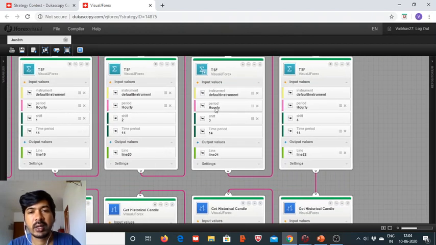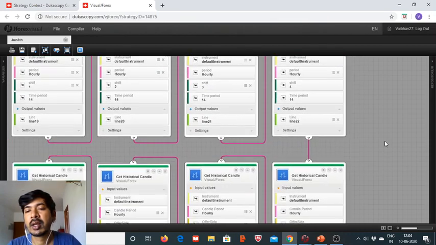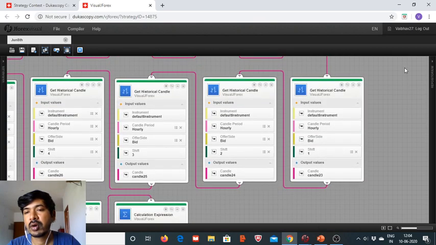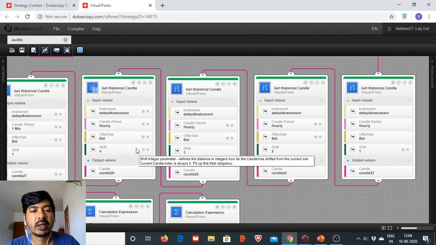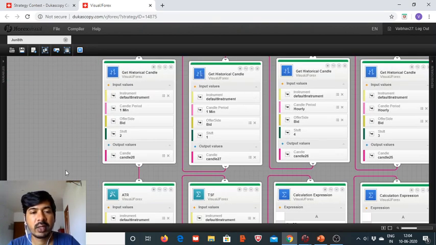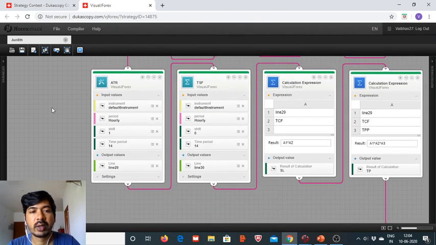For TSF, as I said, we need to compare all these TSF values with the respective hourly candles. So we have these defined with the look back period ranging from 1 to 4. Same thing here for the historical candles, 1 hour each, with the look back period defined till 4, and then 1 minute each to figure out the exact entry point.